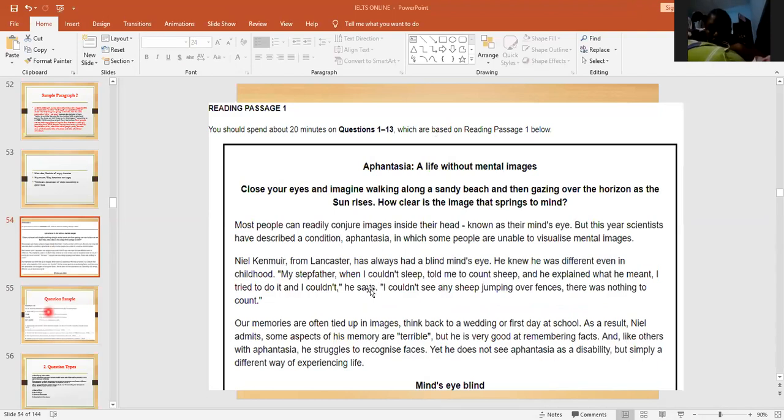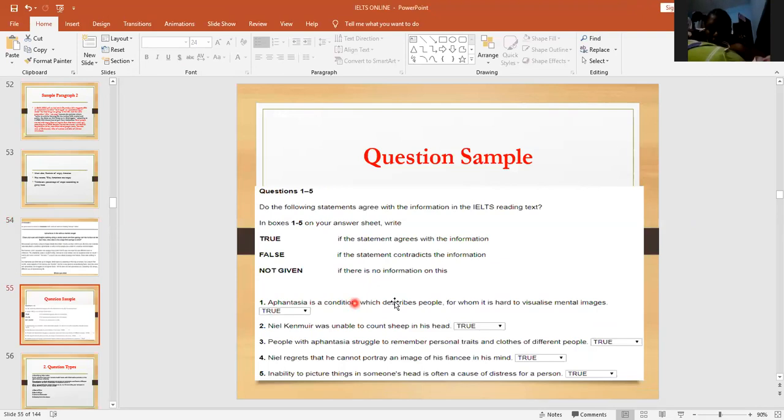So this is the question. Aphantasia is a condition which describes people for whom it is hard to visualize mental image. So now let me go to the passage, though I didn't summarize, but I can quickly know where it is.